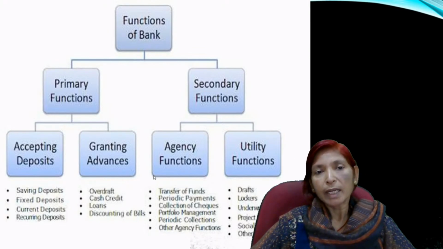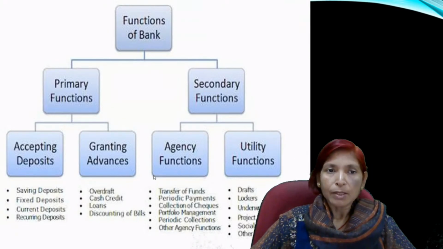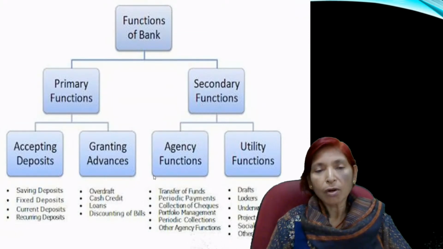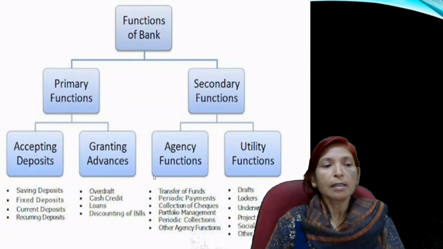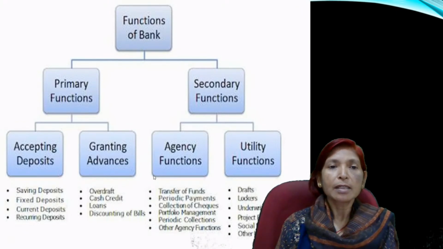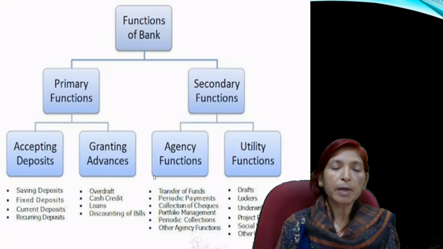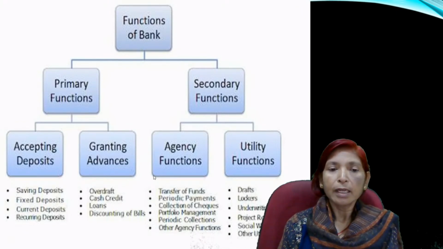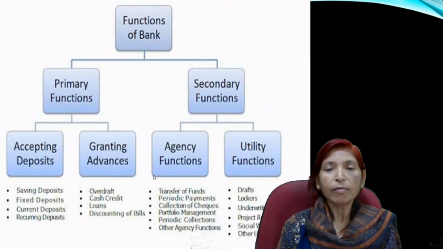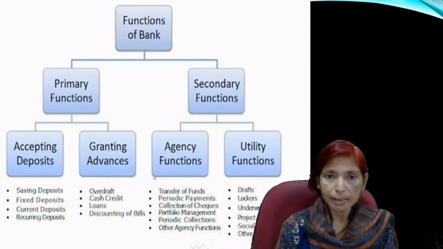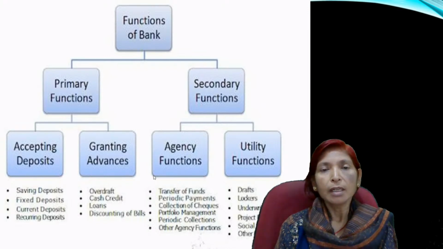So these are the functions of commercial banks, classified into two main parts, primary and secondary. In primary, two main functions are included: accepting deposits and providing loans and advance facilities. In secondary functions, utility function and agency function are both included.